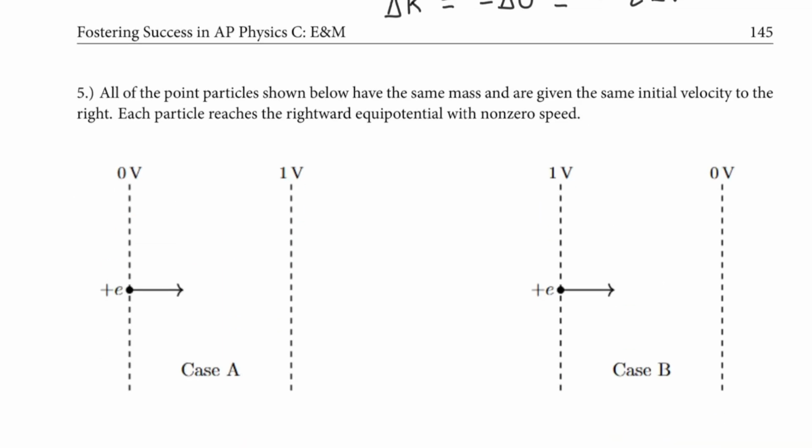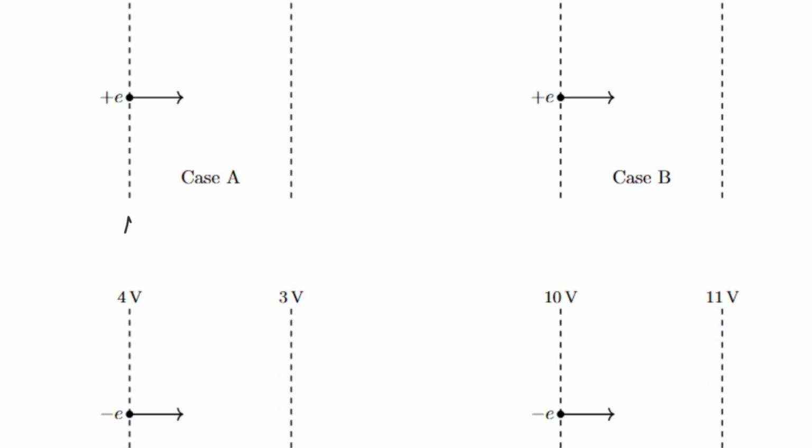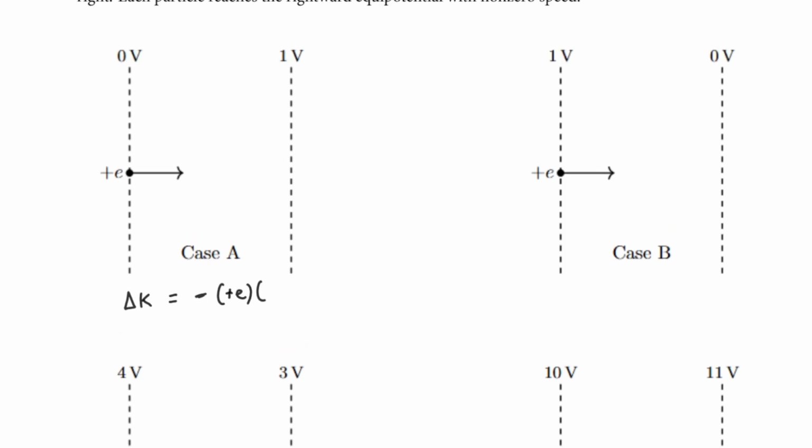So for case A, we see that our delta K would be negative of my Q would be plus e, and my change in potential would be plus 1 volt.